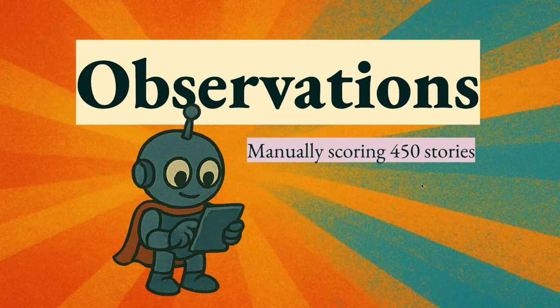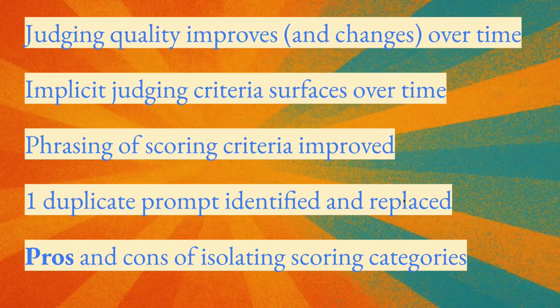All right, so that is the meat of my presentation. Now I'm going to go through some observations of what I learned while manually scoring these 450 stories. The first thing I noticed, which is not surprising, is that judging quality improves and changes over time, and implicit judging criteria surface.